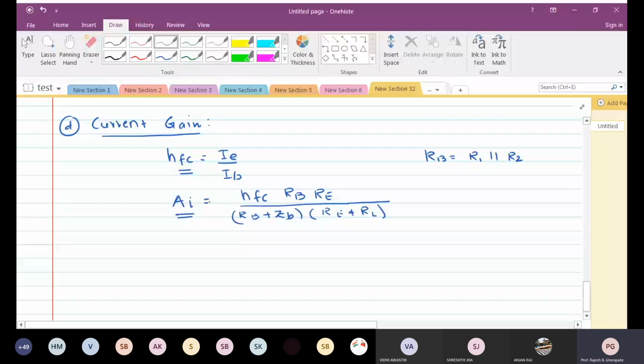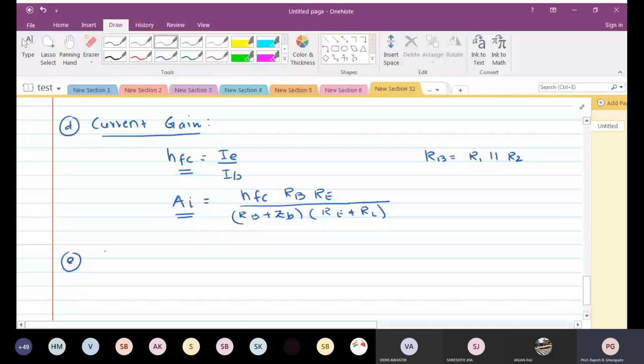So technically speaking, common collector amplifier is a current amplifier. Remember that. And many times we require current amplification. So such a type of circuit is normally used for current amplification. We will see more about this later on.